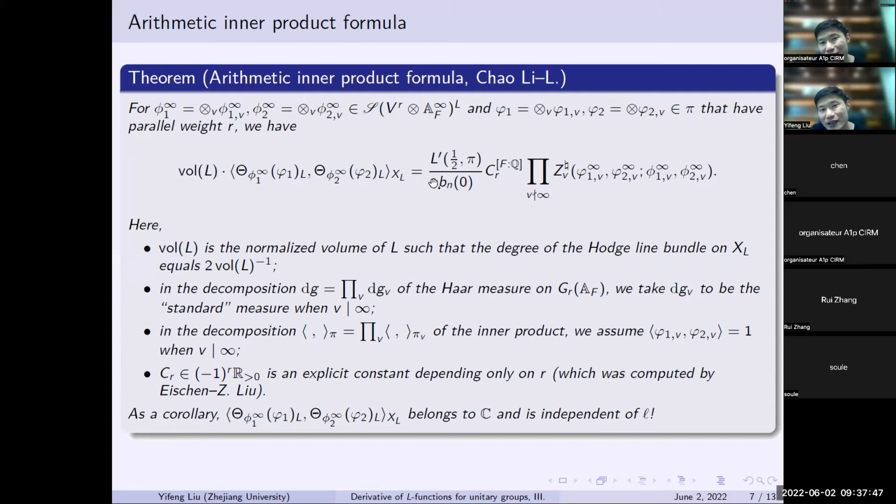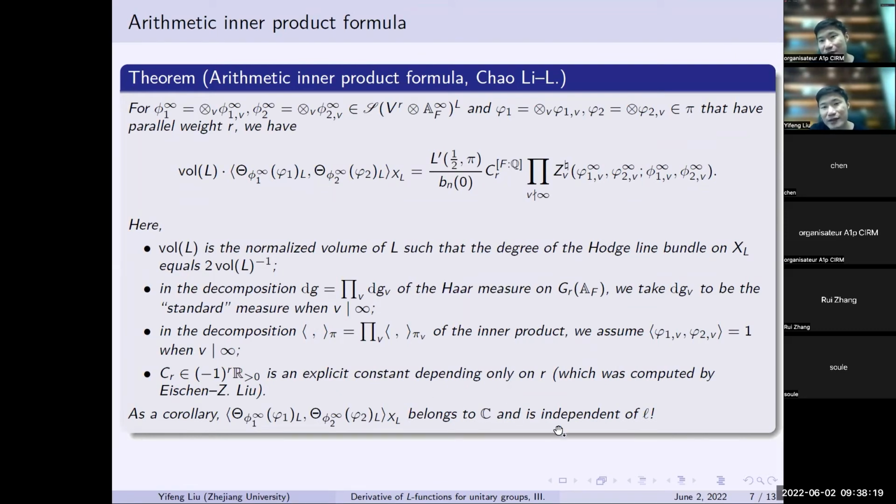So this identity has an implicit implication that this height pairing of this arithmetic zeta lifting belongs to C and is independent of L. So in some sense, we check part of the Beilinson-Bloch conjecture on this height pairing for our particular cycle, this arithmetic zeta lift.